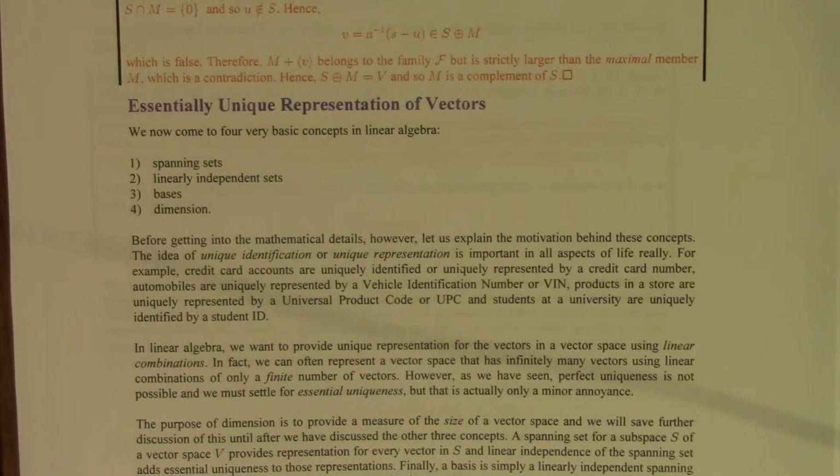Of course, as we have seen, uniqueness among linear combinations is not an achievable goal, so we have to settle for essential uniqueness. But that's actually only a very minor annoyance, really. It's not a big deal.